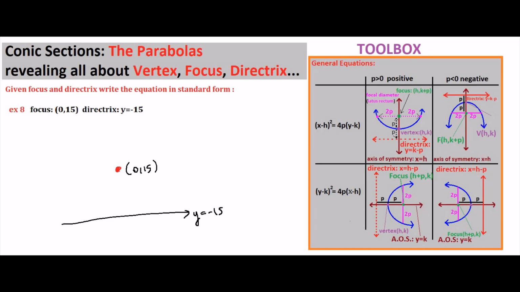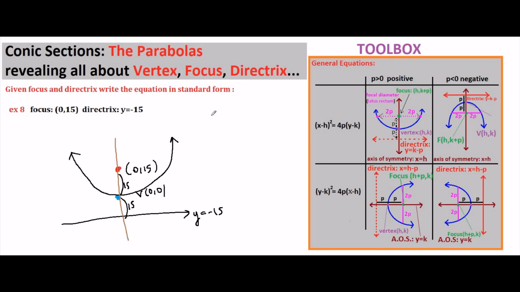Between the focus and directrix is the vertex, and our parabola is opening through the focus. Our axis of symmetry is passing through both. So we go 15 units here and 15 units here. Our vertex is again (0, 0).